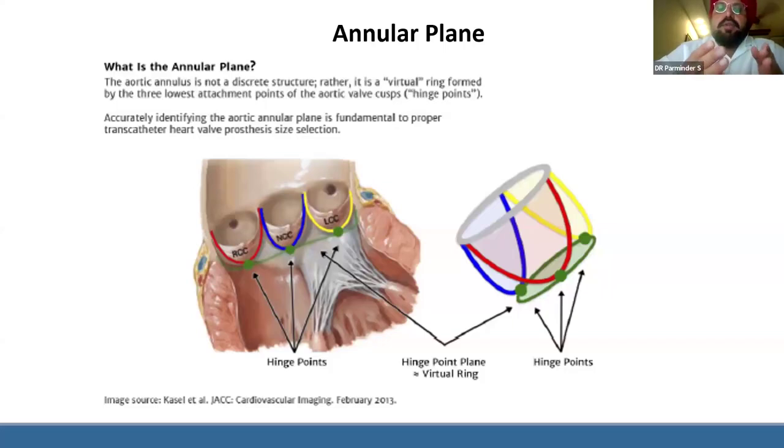Suppose we are getting artifacts, we can always ask our technician to reconstruct, because the data is there, and we can simply exclude those disturbing artifacts. We need not repeat a CT. From the same data, we can always reconstruct it again by applying some other settings.